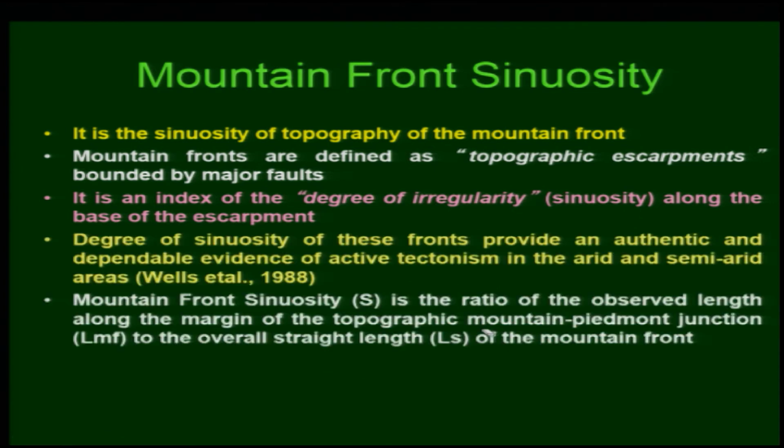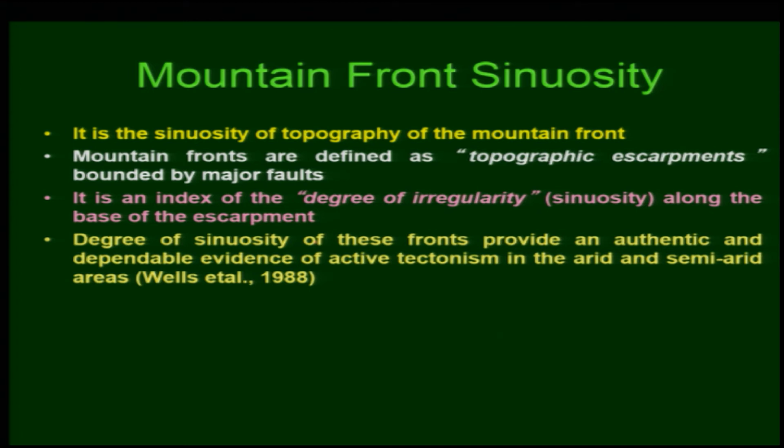The degree of sinuosity of these fronts provides authentic and dependable evidence of active tectonism in arid and semi-arid areas. In areas with high rainfall, where the river systems are more dynamic, erosion will be very fast and we will not see very sharp fronts. So, we will have more irregular fronts in the humid regions.